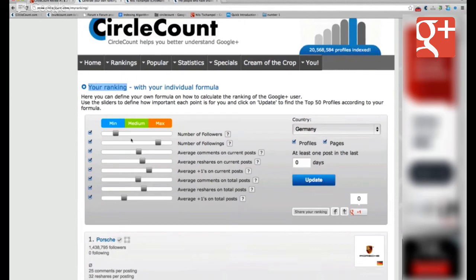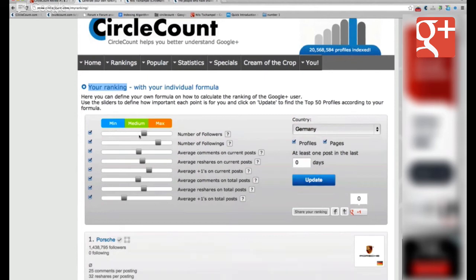It's a ranking you can dynamically adjust. If you think people with a high number of followers should be included, and people with a high number of followers who get a lot of reshares and comments, then you can just adjust it here and find those people.